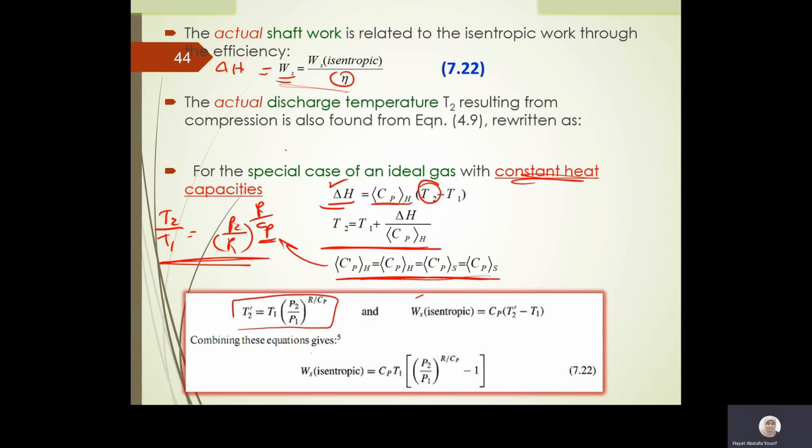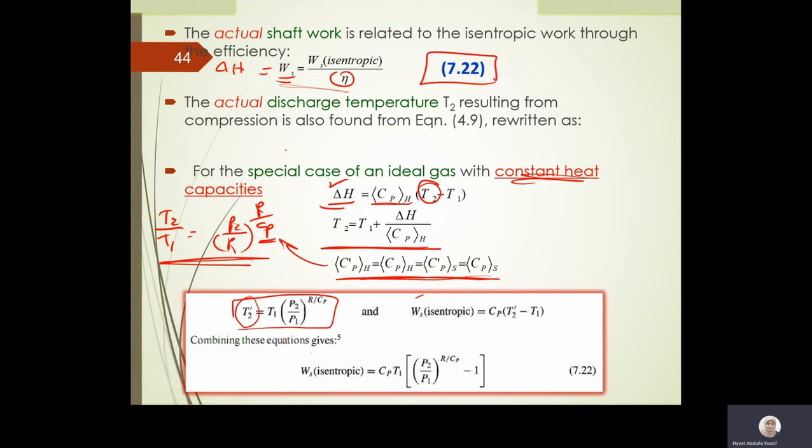Okay, this was the reason. But here I'm not calling it T2, but calling it T2 dash, because that is the isentropic condition that I am assuming, I'm saying if it is isentropic, what will be the value so that I can use it in this relationship, which is the efficiency relationship.